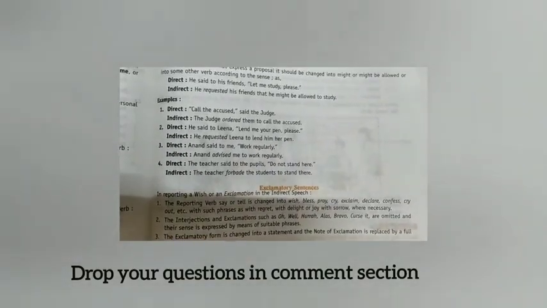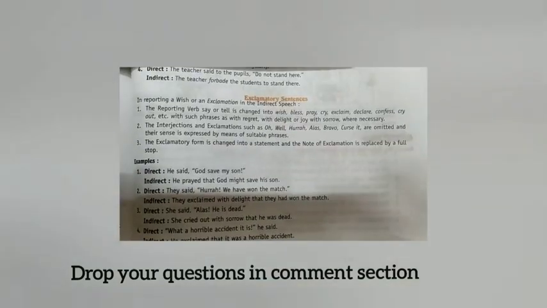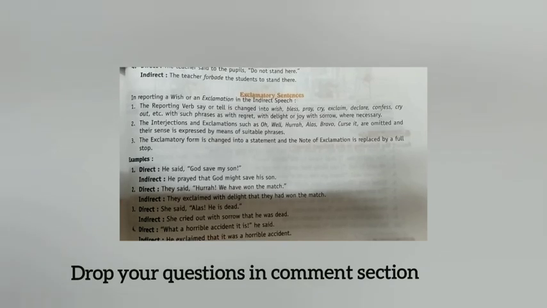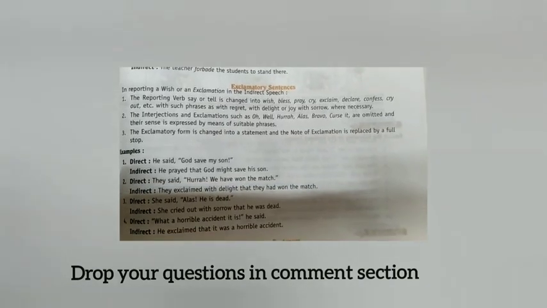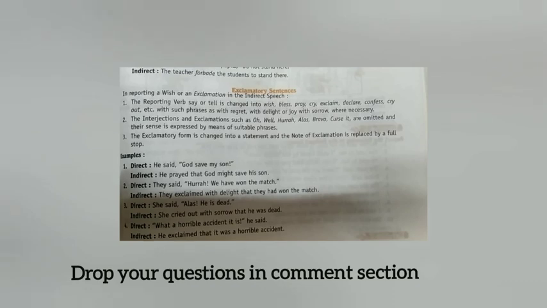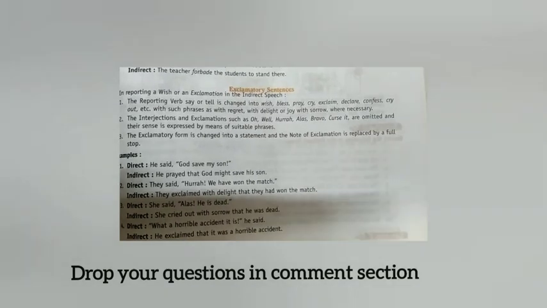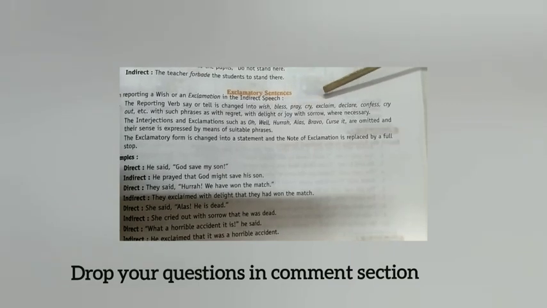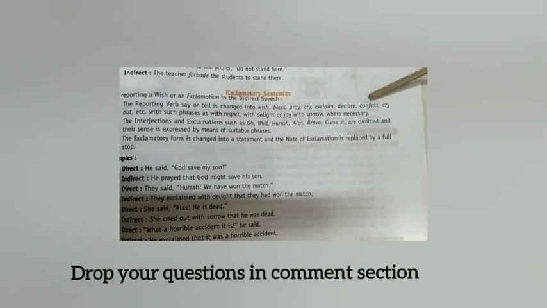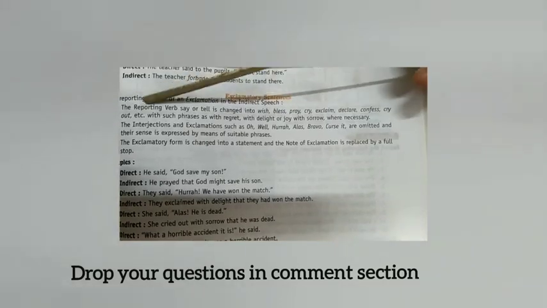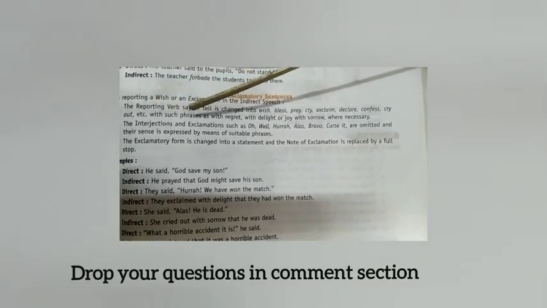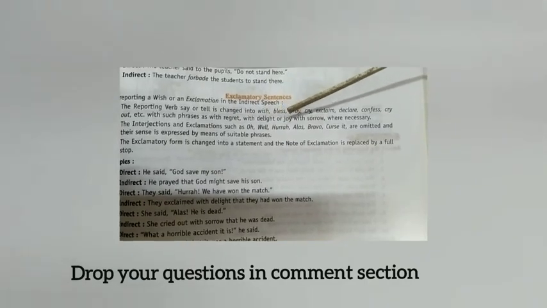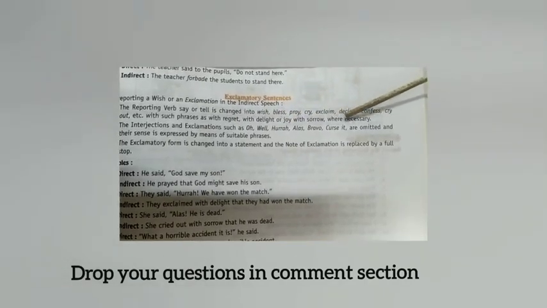Let us see the exclamatory sentences. In reporting a wish or an exclamation in the indirect speech, the first rule says the reporting verb say or tell is changed into wish, bless, pray, cry, exclaim, declare, confess, cry out, etc. With such phrases as with regret, with delight or joy, with sorrow, wherever it is necessary.